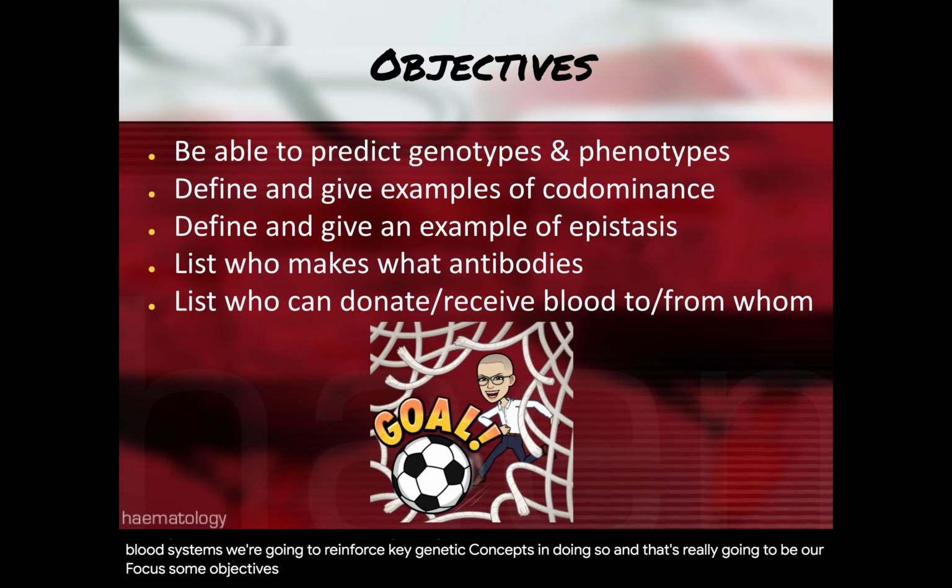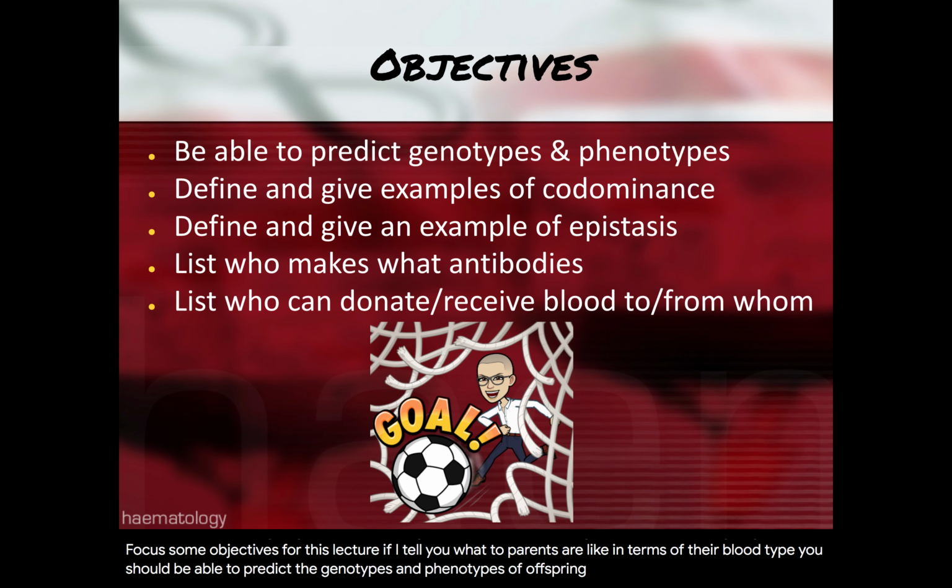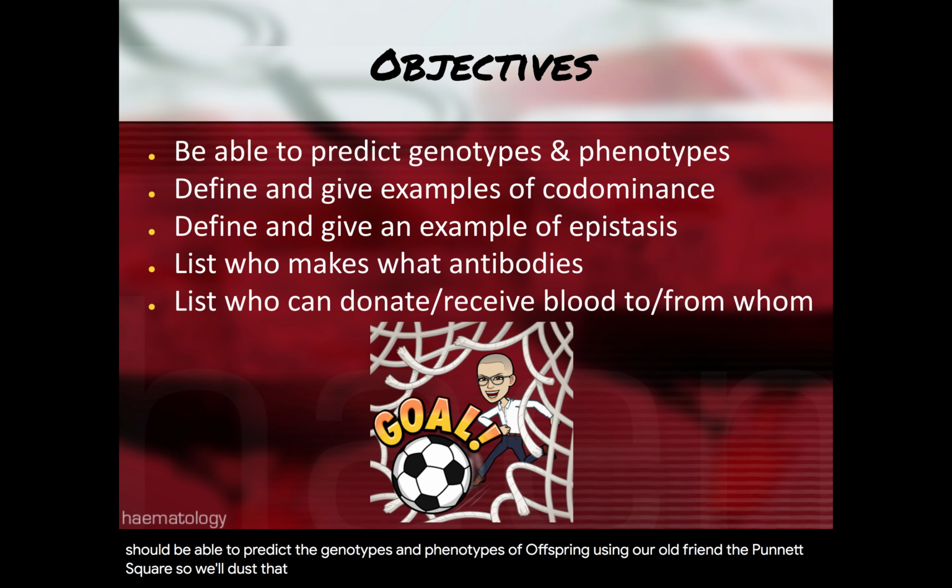Some objectives for this lecture: if I tell you what two parents are like in terms of their blood type, you should be able to predict the genotypes and phenotypes of offspring using our old friend, the Punnett square. So we'll dust that skill off if it's been a minute for you. We will also define and give examples of codominance. We will define and give an example of epistasis.